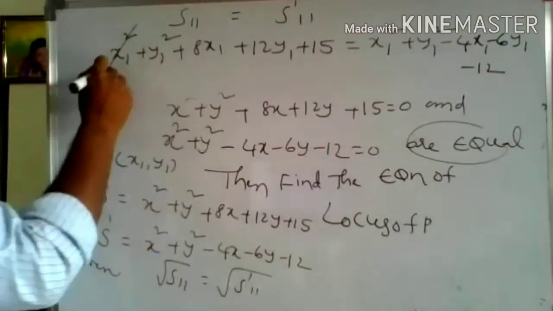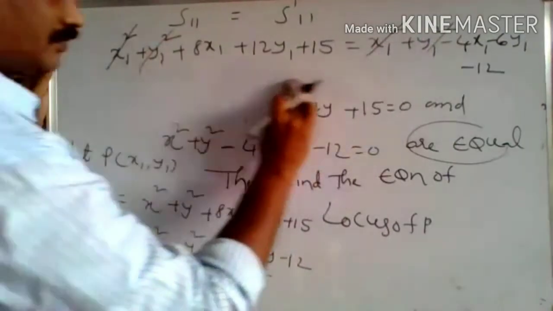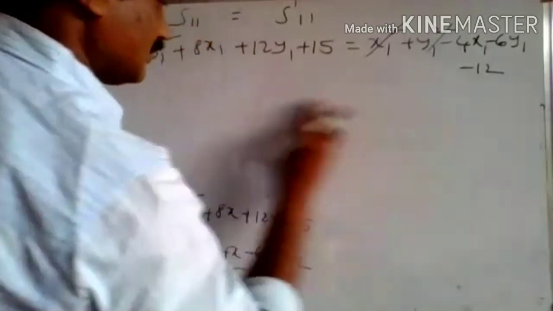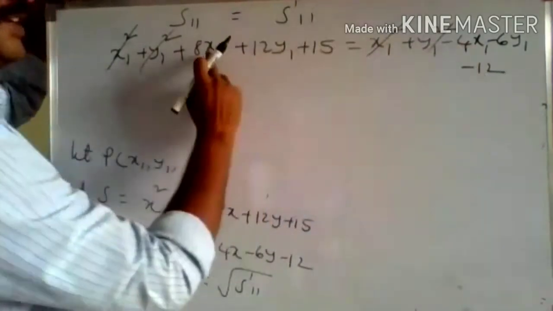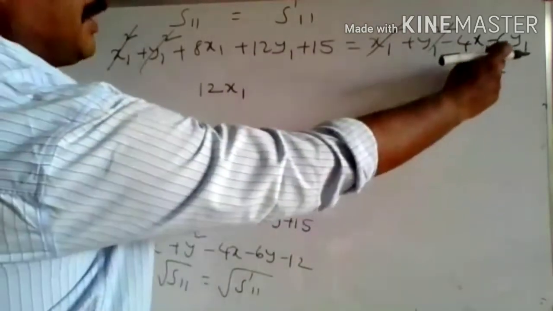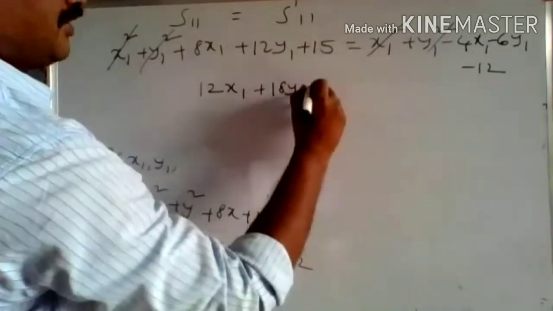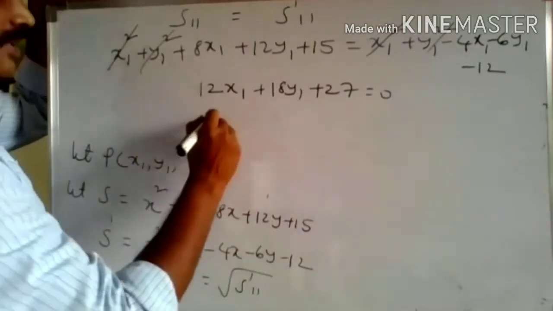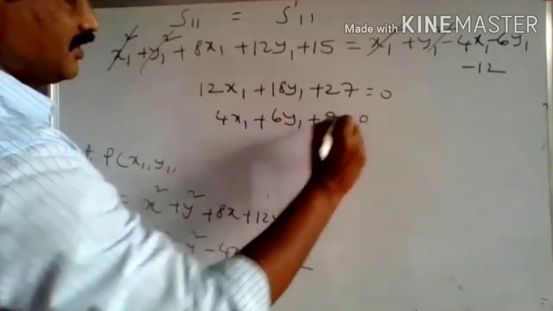So x1 square gets cancelled, y1 square gets cancelled. Plus 8x1 minus 4x1, take this to the left hand side: 8 plus 4, 12x1. Plus 12y1 plus 6y1, 18y1. 15 plus 12, 27 is equal to 0. Dividing by 3, 4x1 plus 6y1 plus 9 is equal to 0.